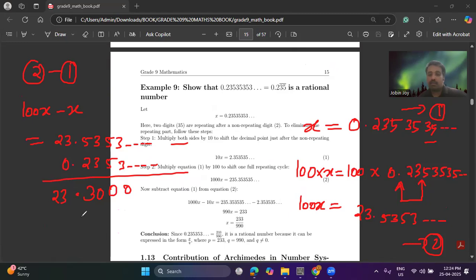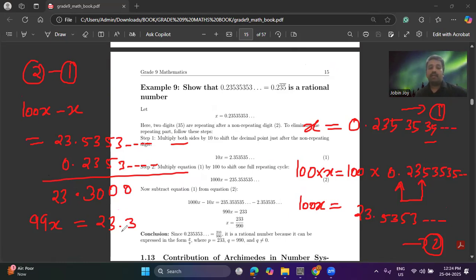That means 23.3. Okay, 23.3. So what is 100x minus x? 99x. So 99x will be equal to 23.3.